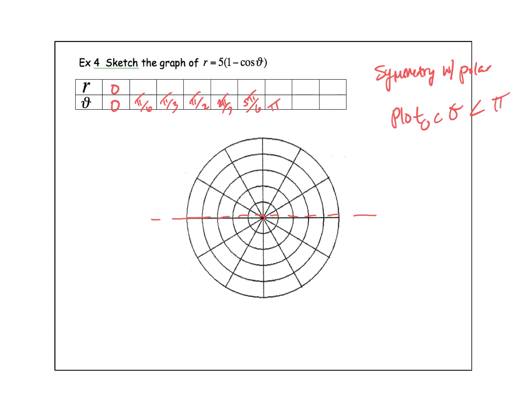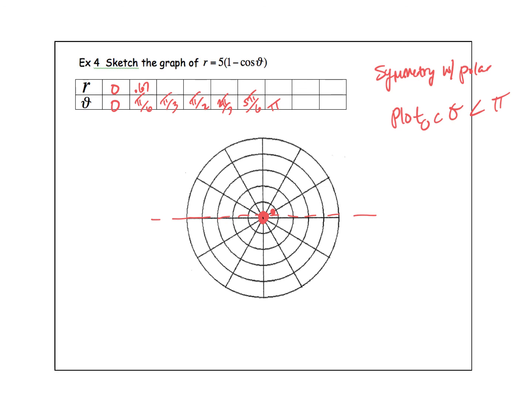So I start right there. Cosine at pi over 6 is root 3 over 2. So I went to the calculator, 1 minus root 3 over 2, times 5, and I got 0.67. So I'm still pretty close to that first point.